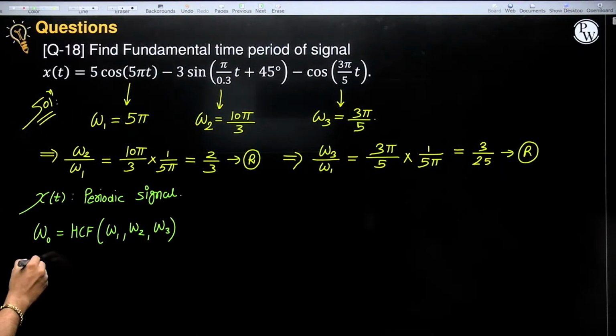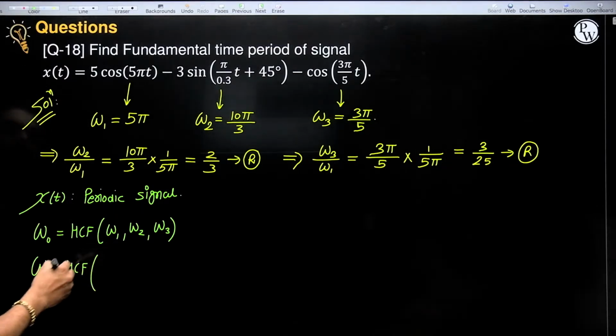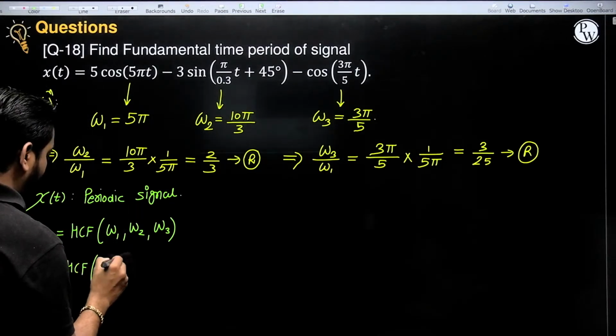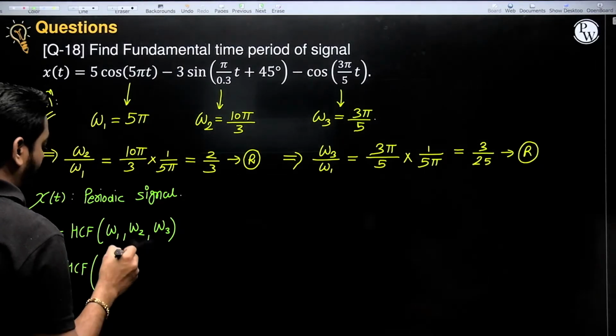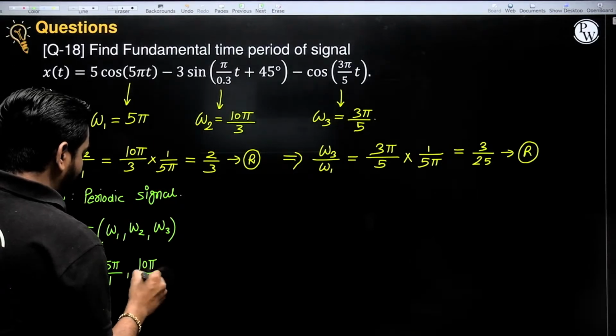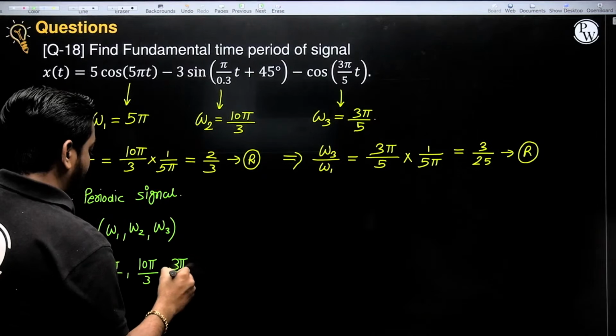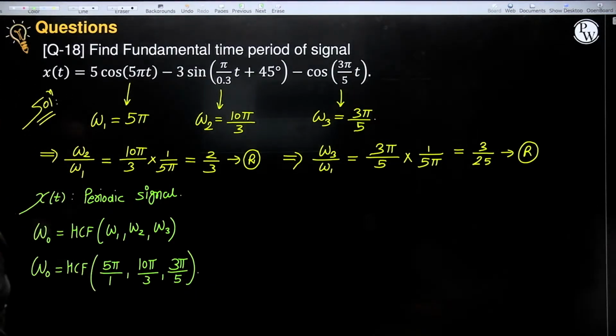Omega 1 is 5 pi divided by 1. Omega 2 is 10 pi by 3. Omega 3 is 3 pi by 5.